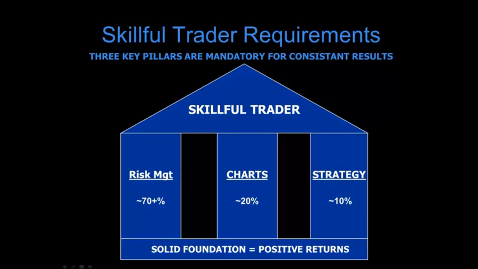So risk management will keep you in the game long term, so that as you develop positive expectancy on your trades, you're going to make money over a long period of time. Charting, then: once you've got your risk management down, you look at the charts, you develop your bias, you understand how to develop a bias on the charts. Then after you've got your bias, you develop your strategy.